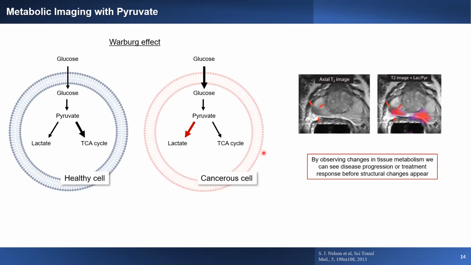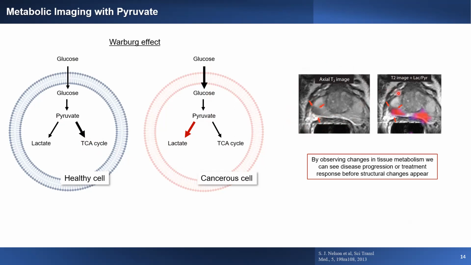But it's been shown that cancerous cells have an elevated rate of glucose uptake, and the pyruvate preferentially is converted into lactate. So what we have here is, this is a thermal equilibrium proton MRI image showing a prostate tumor in part of the body.